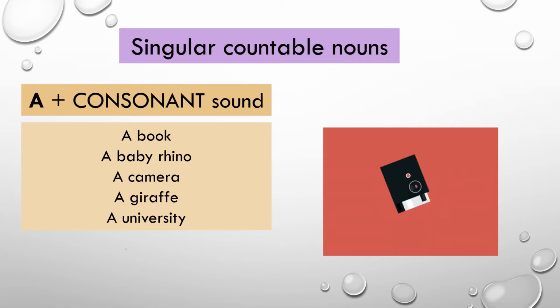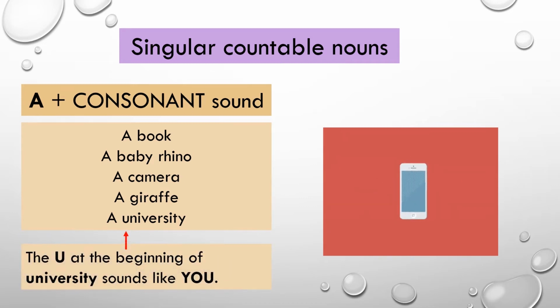The U at the beginning of university sounds like U. Y-O-U, a consonant sound. So, we say a university, not an university. Huruf U di depan perkataan university bunyinya macam huruf konsonan. Jadi kita menggunakan a university, bukannya an university.